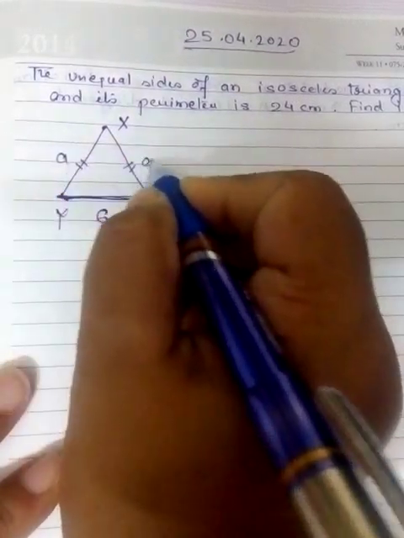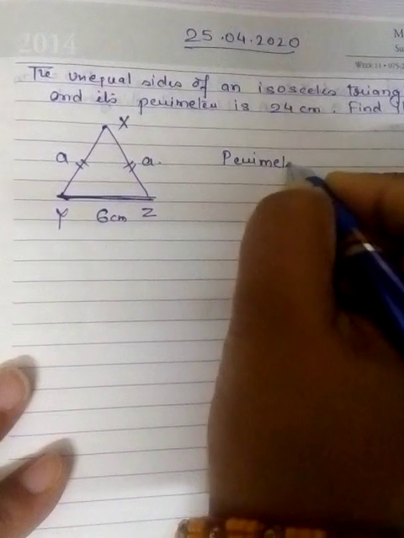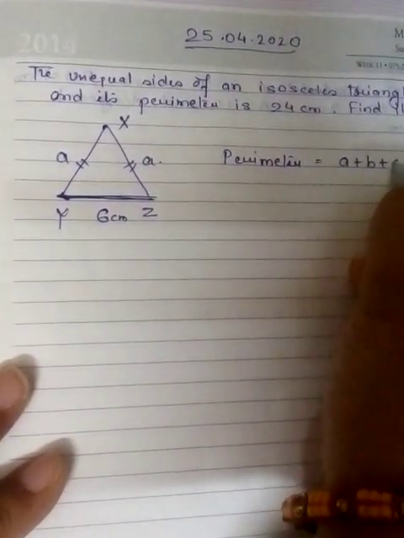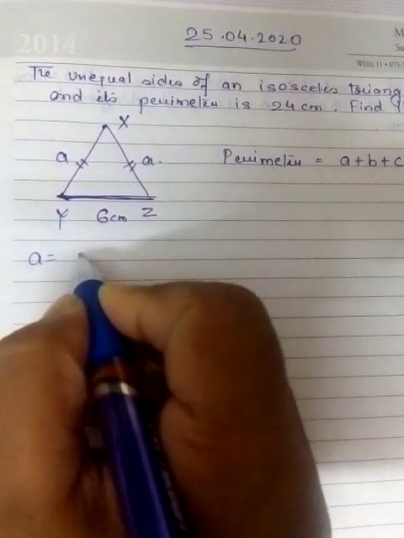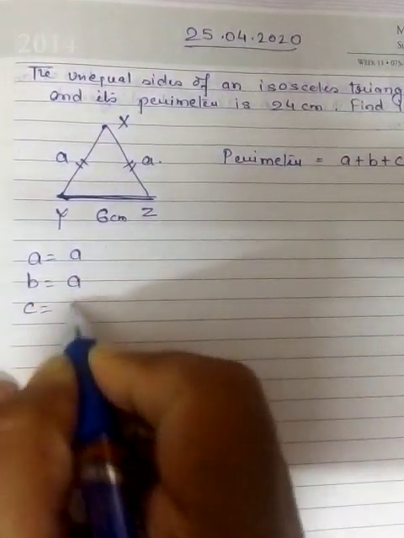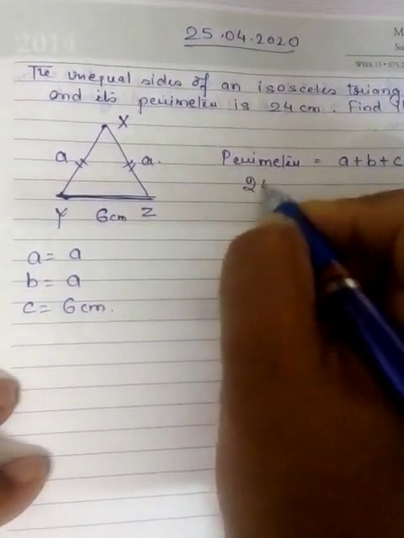So let us suppose this is A. Perimeter means the sum of the boundary, that is A plus B plus C. Here we have A is equal to A, B is also equal to A, and C is equal to 6 centimeter. So I can write here perimeter is given as 24 centimeter.